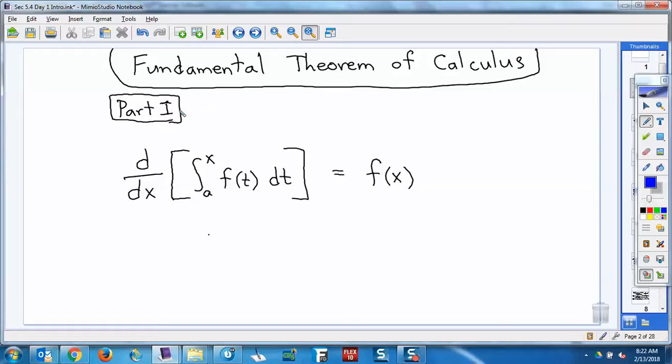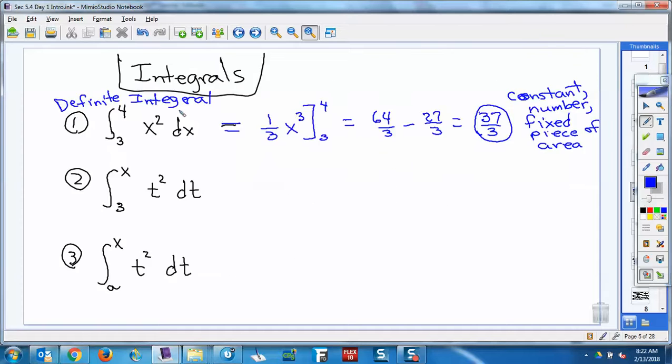It's a bunch of different areas, right? It's the areas under the parabola from 3 to 4, from 3 to 5, from 3 to 6, from 3 to 7, from 3 to 0, from 3 to -8, right? It's a whole bunch of areas. This is an area function, okay?